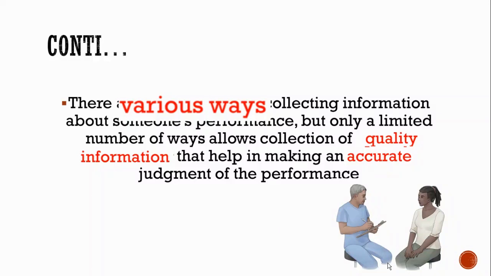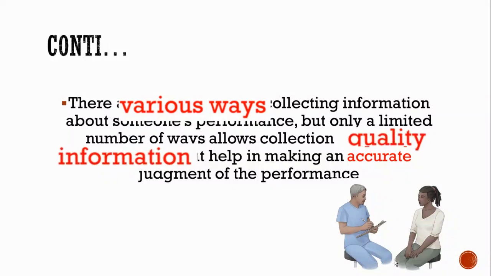Some of these ways will allow collection of quality information. And when we are talking about quality information, we are saying that we should use holistic assessment methods, not just relying on one particular assessment method. Using a holistic assessment method is the surest way of giving quality information.